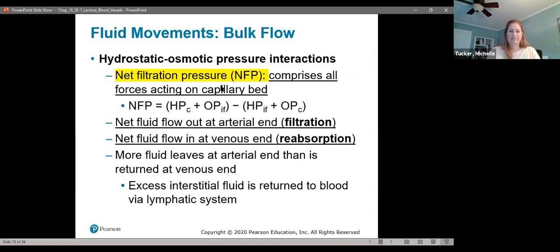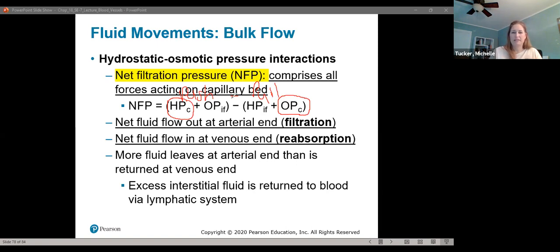So calculating net filtration pressure, you take the pressures that are pushing out, which is going to be the big one, hydrostatic pushing out, minus the pull. So this is push out minus the pull back in. What's going on in the capillary is really what you're concerned with.